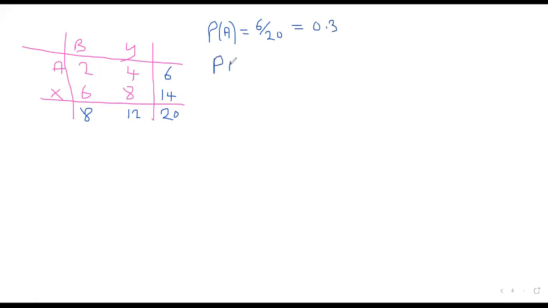What's the probability of B? The total for B is what? 8 over 20, which is 0.4.